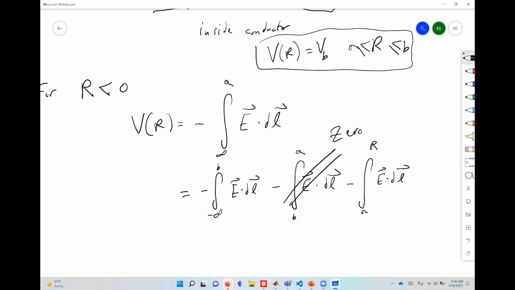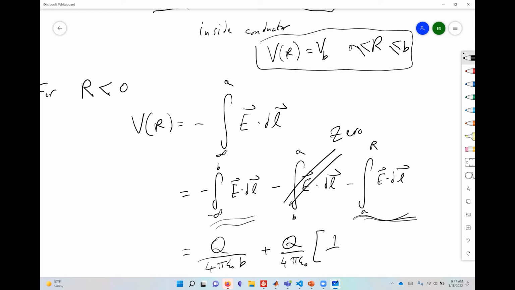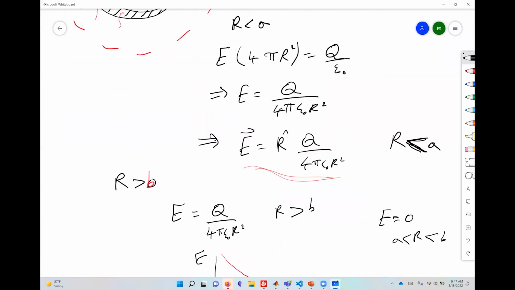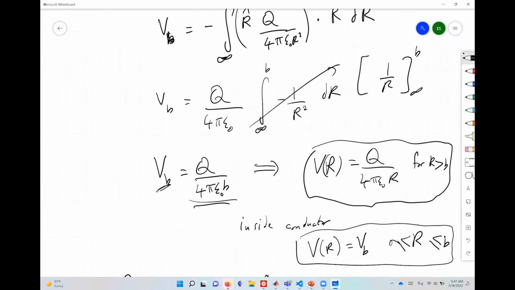Remember, because the conductor is an equipotential region. This we already calculated: this is Q over 4 pi epsilon naught B. And now we have to calculate this. This turns out to be Q over 4 pi epsilon naught times 1 over R minus 1 over A. This is a simple integral, the same as the calculation that we've done here.